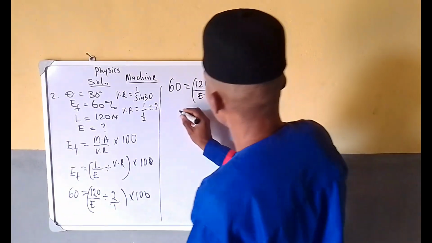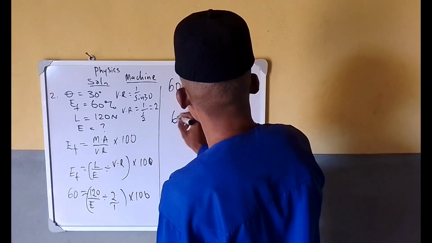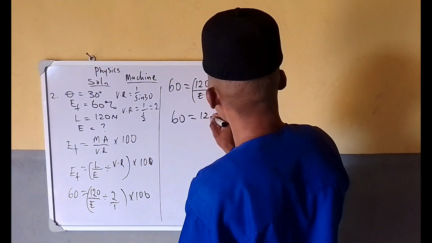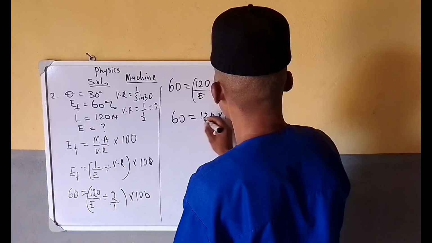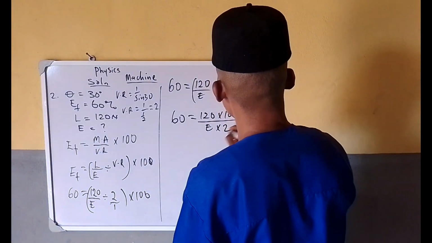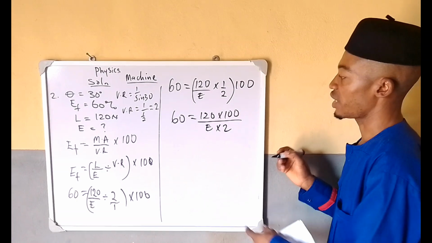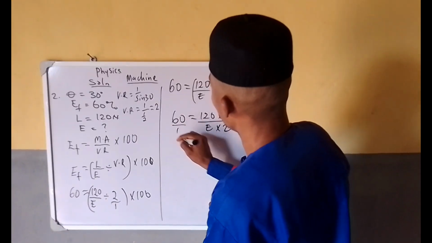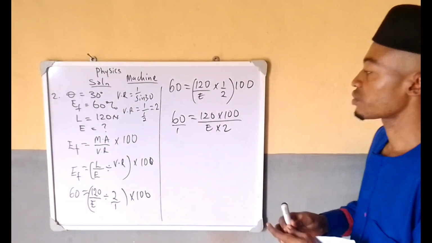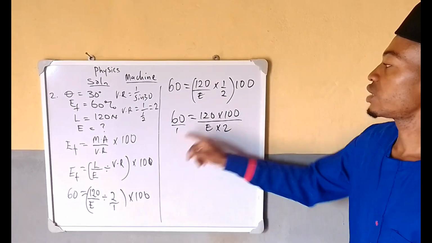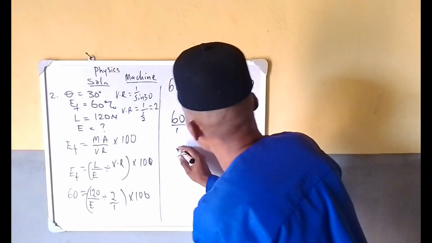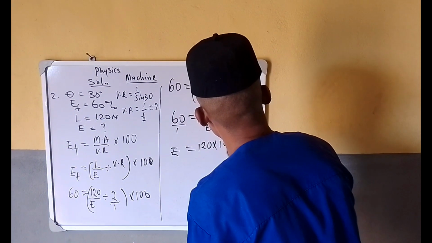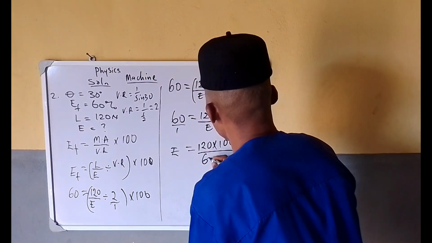Then let's proceed. This is going to be 60, and doing the same thing I did in the first question, equals 120 multiplied by 100 over E times 2, by opening the bracket. In that case, I want to make E the subject. This is cross multiplication: this times this, this times this. So E is equal to 120 times 100 divided by 60 times 2.